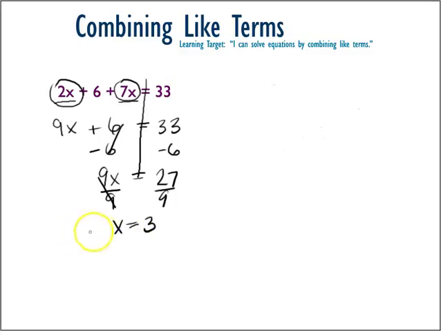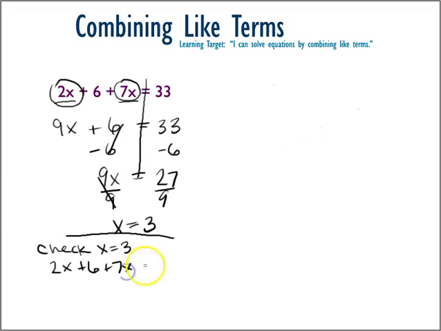Now we still are doing the check. Every time we add a new wrinkle to an equation, the check is a little different. Not a whole lot though. So I'm going to check x equals 3. I haven't given myself a lot of room here. 2x plus 6 plus 7x equals 33.